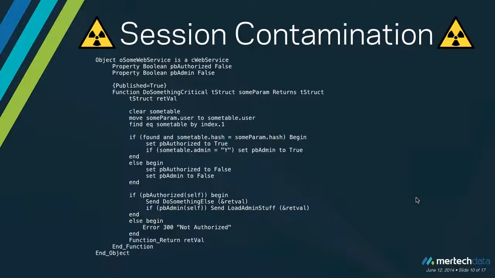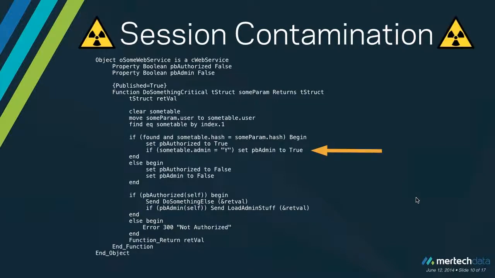We go through here, we find in our table, based on the user, if the user's found and we have a hash match, then we set it to authorized. If that user shows that they're an admin, we set our admin property to true. And otherwise, we set admin to false and authorized to false. If we're authorized, we do something, and if they're an admin, we do some other something. Pretty simple function. But there's a subtle bug in this function.